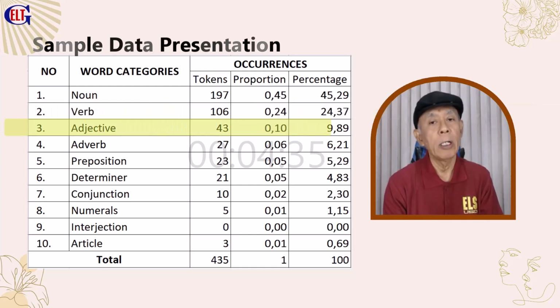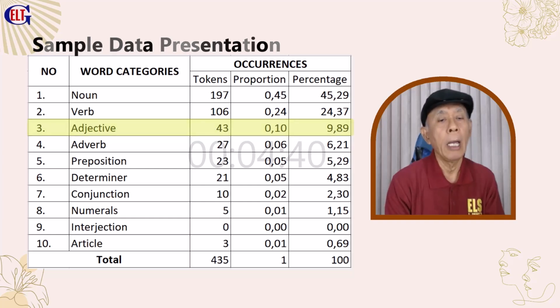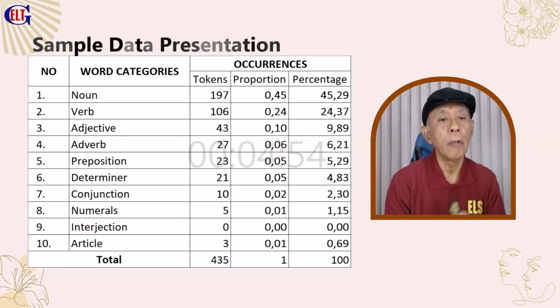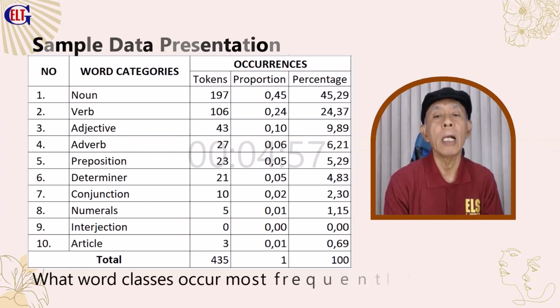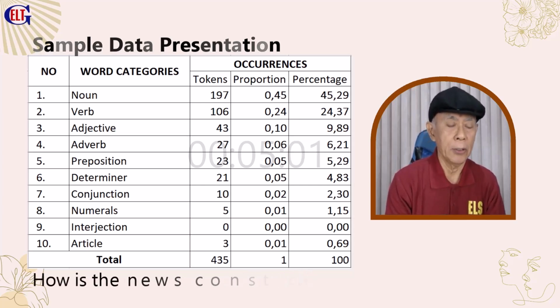The adjective tokens occur 40 times with a proportion 0.10 and percentage 9.89%. Finally, the adverb tokens occur 27 times with the proportion 0.06 and the percentage 6.21%. From the data, we can see what word classes occur most frequently or how the news is constructed.